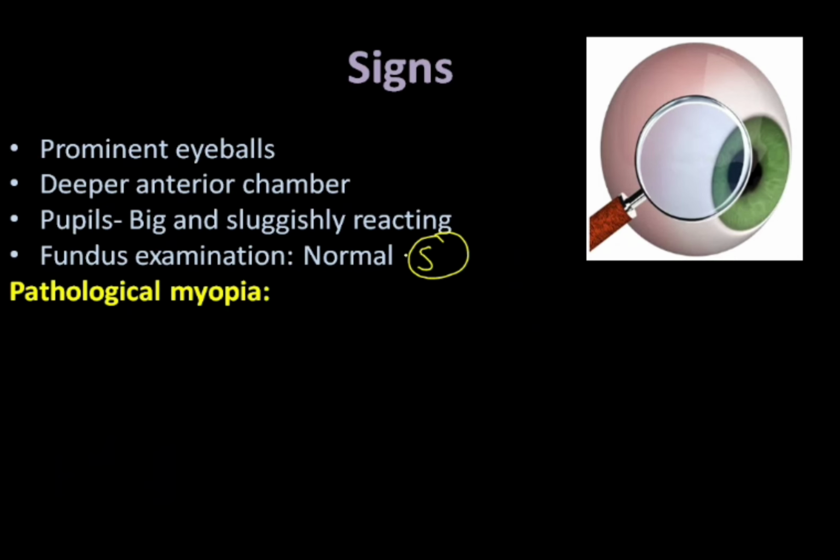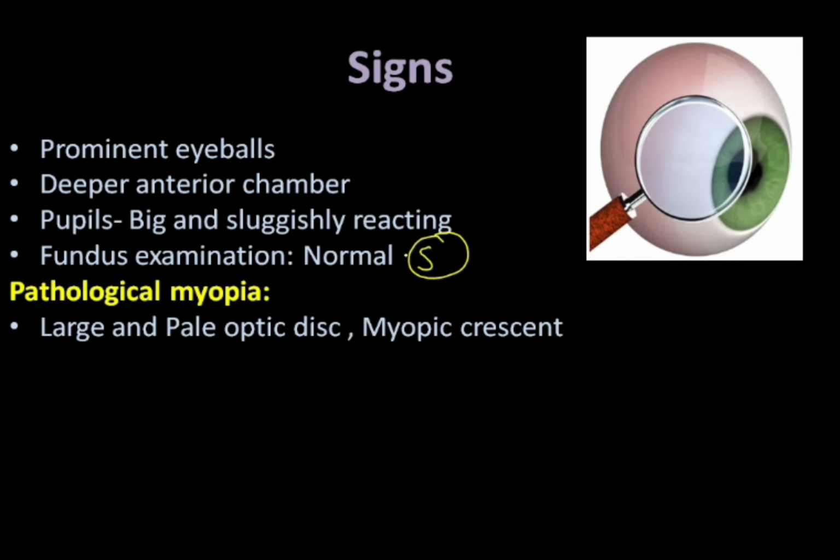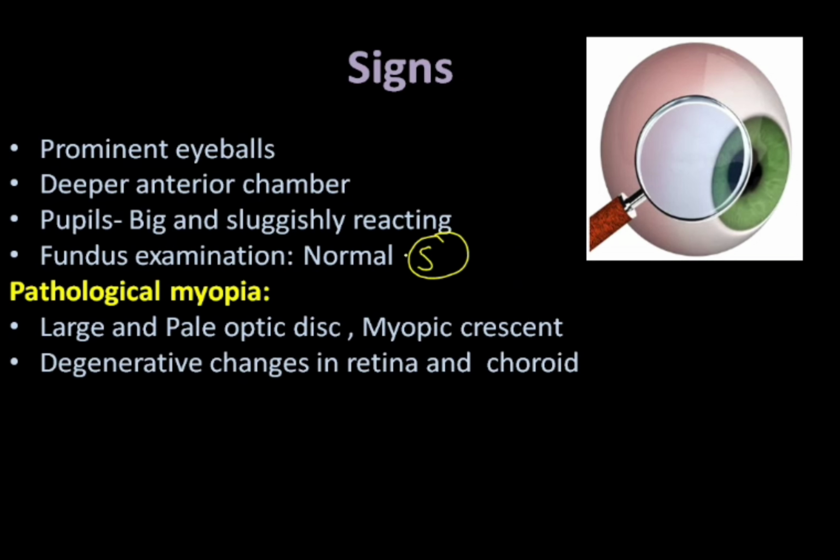Whereas in pathological myopia, fundus examination will reveal a large and pale optic disc, and a myopic crescent can be seen. Degenerative changes can be seen in the retina and choroid, and characteristic Foster-Fuchs spots are seen at the macula. So what are Foster-Fuchs spots?